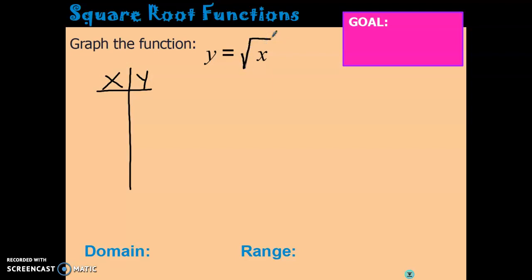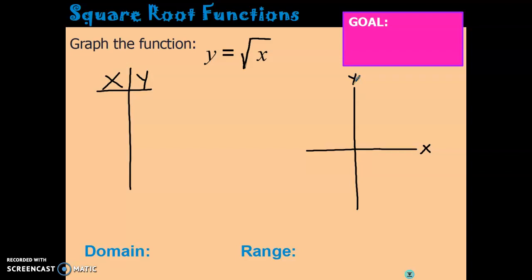And what we've established this year is that when we square root a negative number, we get imaginary. Well, I can't graph imaginary numbers, so imaginary numbers aren't going to pop up here if I'm trying to graph on the real xy coordinate plane. So instead, I'm trying to think of, okay, I can't use negatives, so what numbers can I use for x?